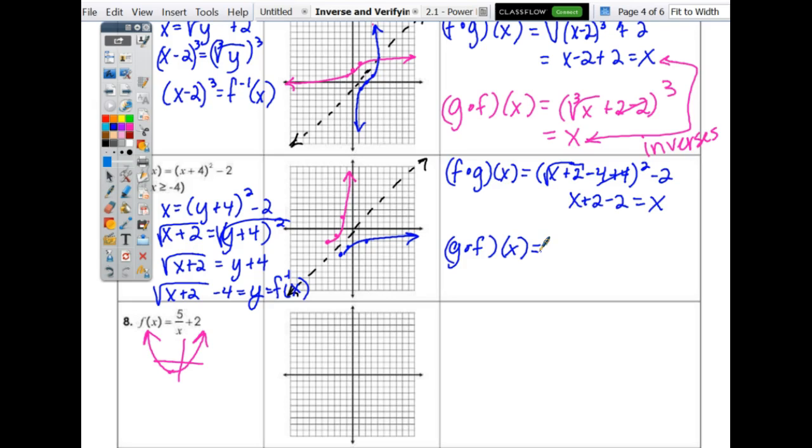So the 2's cancel, and the square root of it means they cancel, so I get x plus 4 minus 4. But all of them I did are inverses.